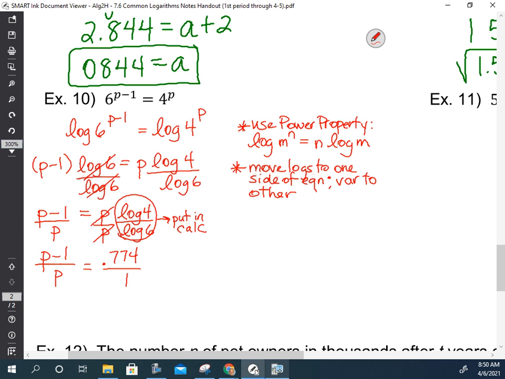So now here's what our equation looks like. If something's not clear, feel free to say something. It doesn't hurt my feelings if you have a question.